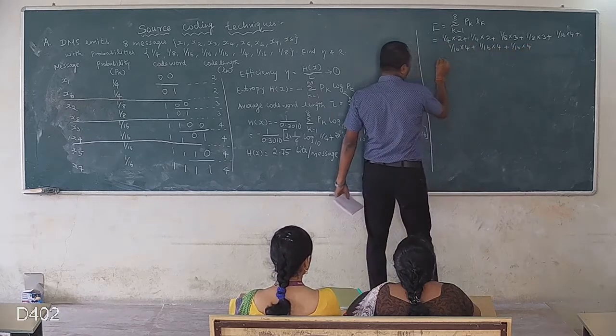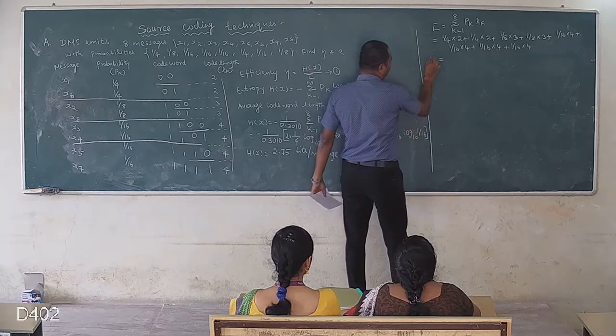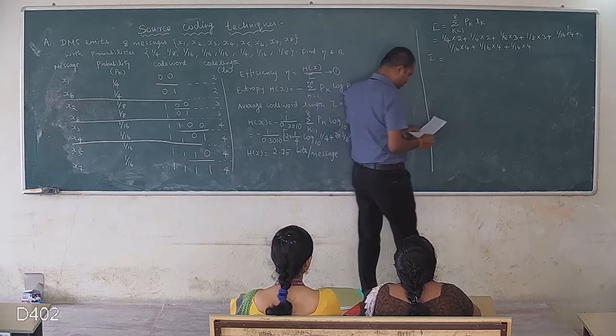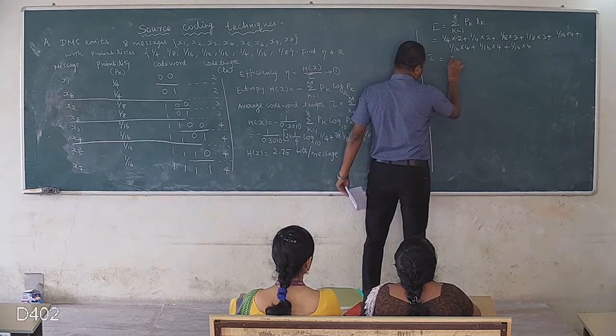If you simplify this, you'll get average codeword length L bar is equal to 2.75 bits per message.